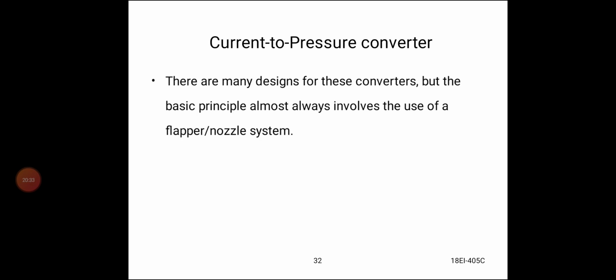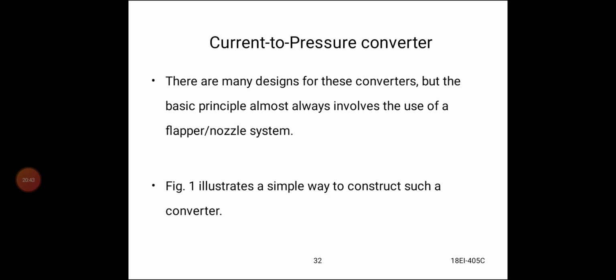There are many designs for these converters, but the basic principle almost always involves the use of a flapper nozzle system. Figure 1 illustrates a simple way to construct such a converter.